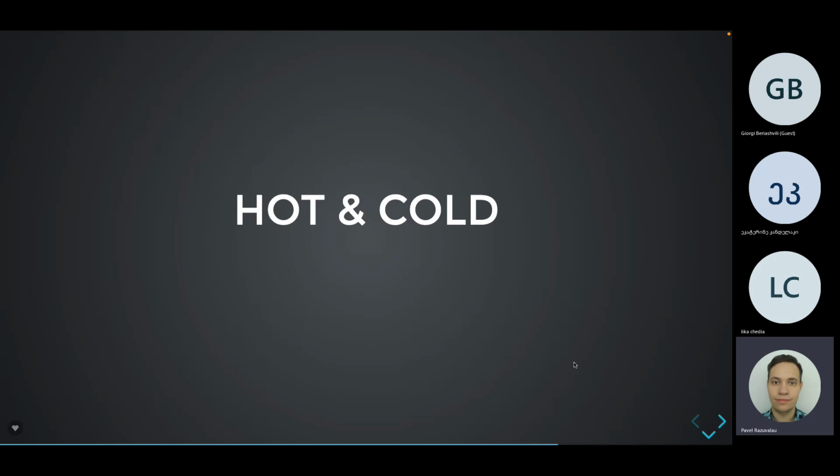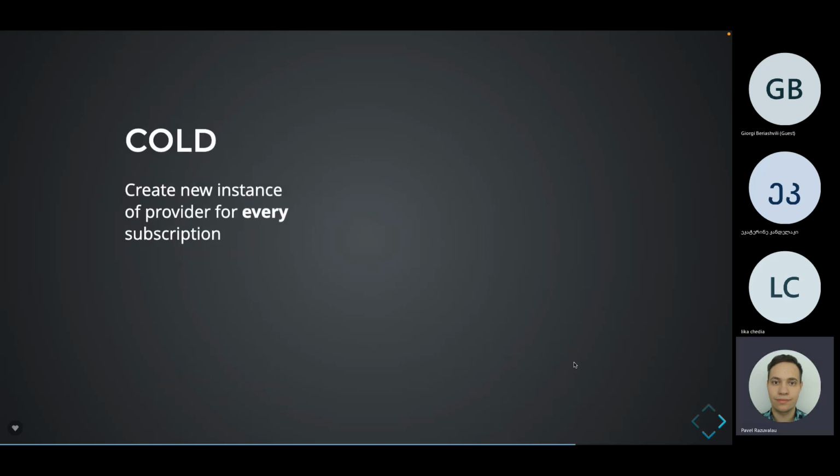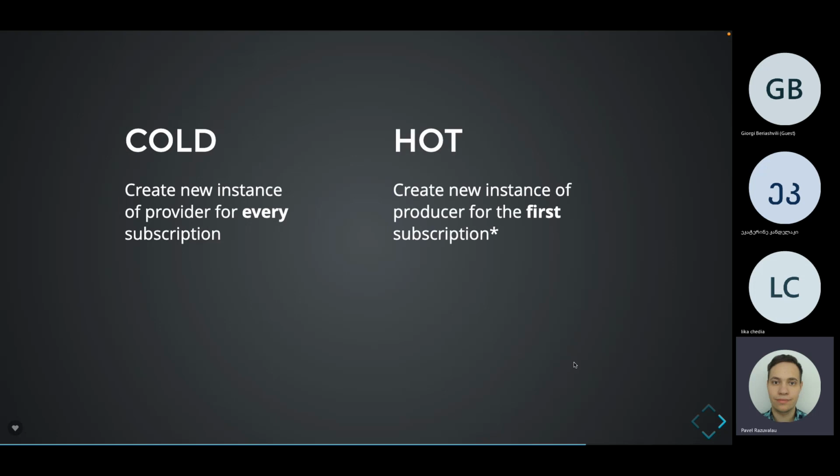So what does it mean? Observables are cold by default. It means that every time we subscribe to the observable, it will create a new producer over and over again on each subscription. The hot observable behaves differently: it won't create a new producer on each subscription.